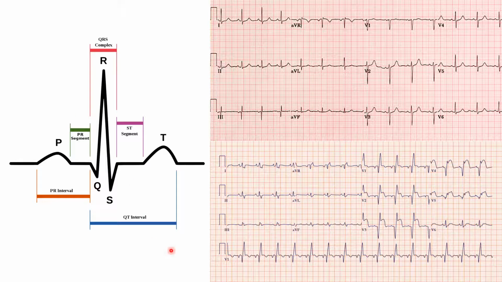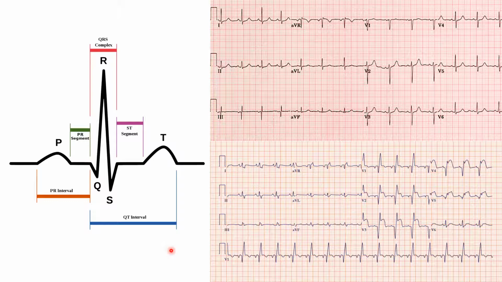The P wave indicates atrial depolarization. Again, the P wave indicates atrial depolarization. The QRS complex, on the other hand, is a complex group of waves, such as the Q wave, the R wave, and the S wave.